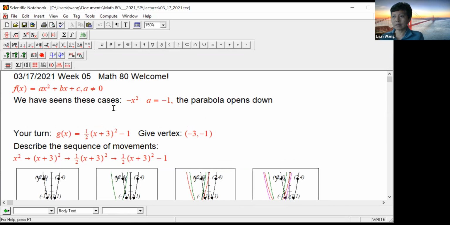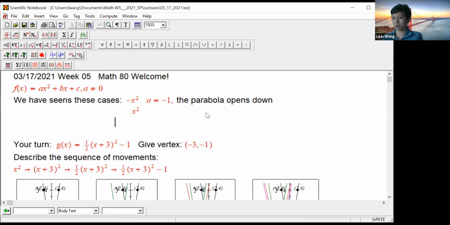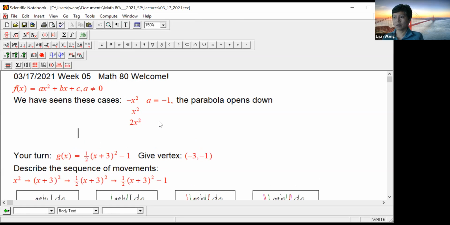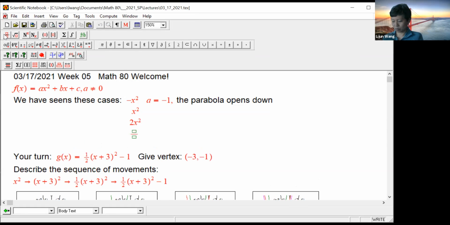We have also seen cases such as x squared, and 2x squared. And what else have we seen? We have seen half x squared, etc. In this case, a is 1. In this case, a is 2. In this case, a is half.